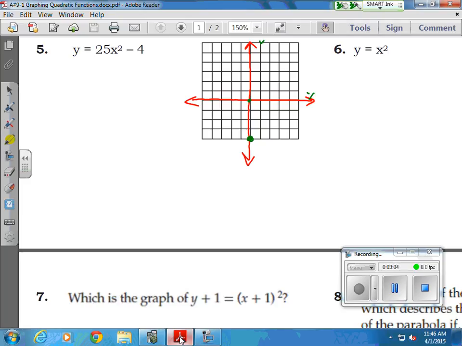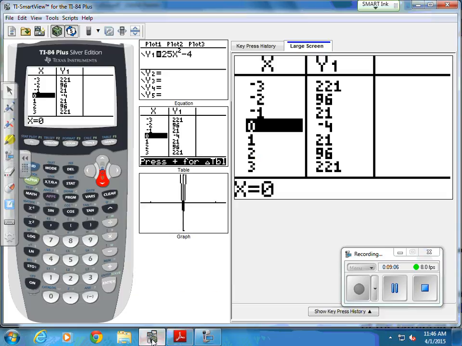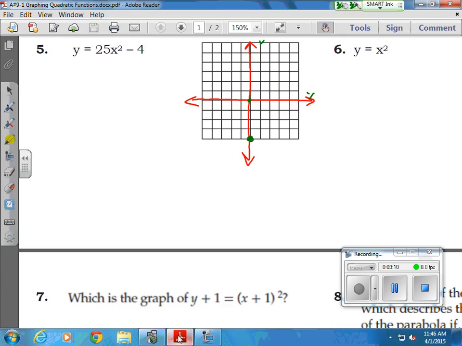Because when I try to go over to the next one, 121. Well, here's 1, and I only get to go up 6.